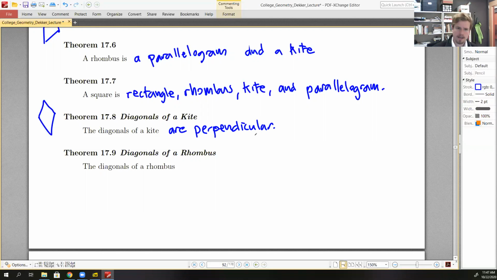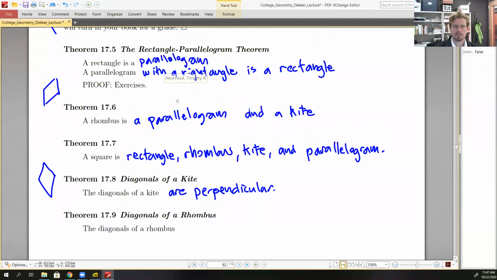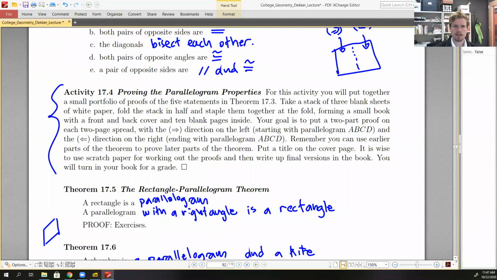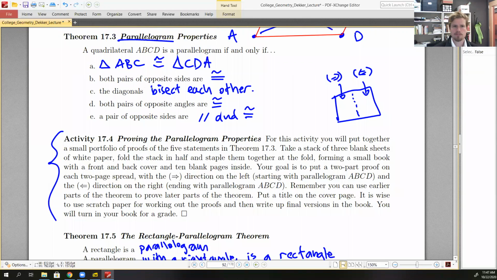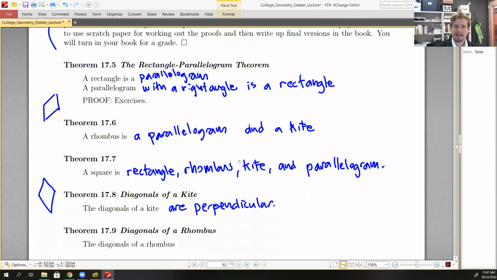And then the diagonals of a rhombus, well, we said a rhombus is a parallelogram and a kite. So we know that they are perpendicular because it's a kite. But because it's a parallelogram, the diagonals bisect each other. So we have that they bisect each other and that they're perpendicular.